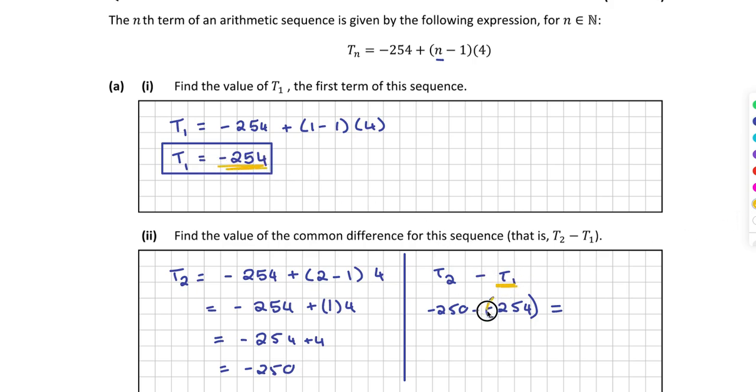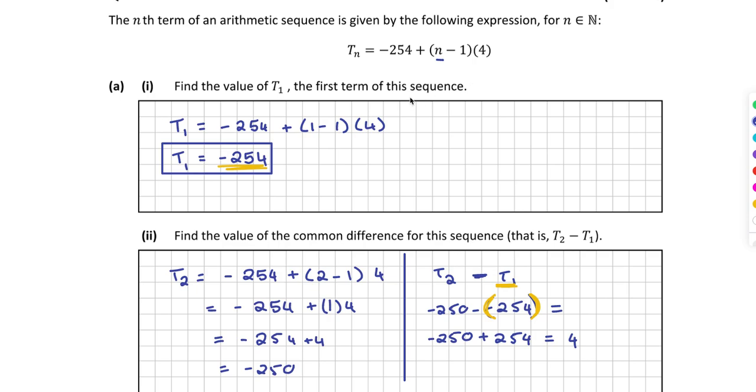So I should take extra care when filling that in, and I fill it in brackets. I'm saying subtract because that's in the formula, but then I also have a negative here because it was a negative first term. So that gives me minus 250. A double negative is a positive, so I've got minus 250 plus 254, so I get that the common difference was 4.